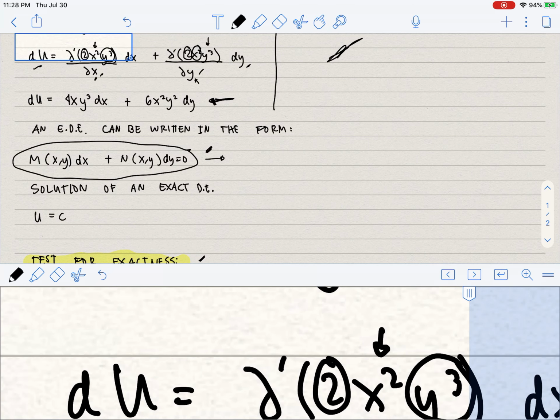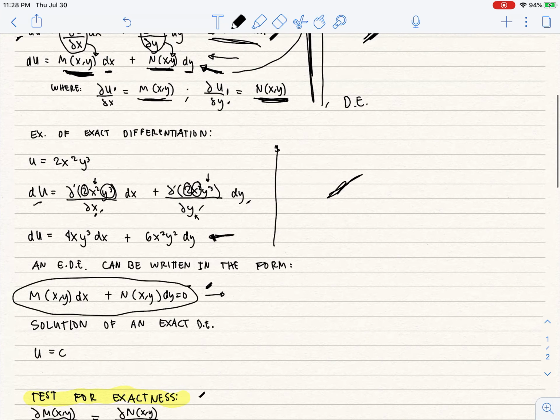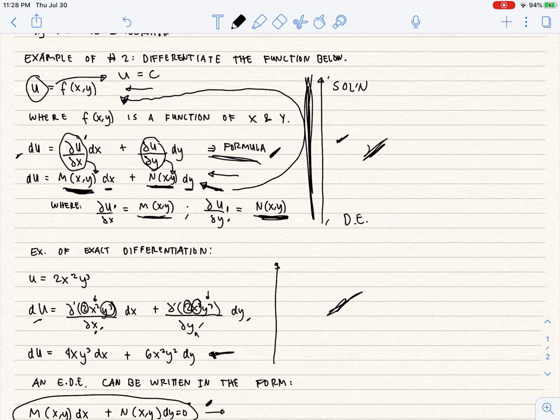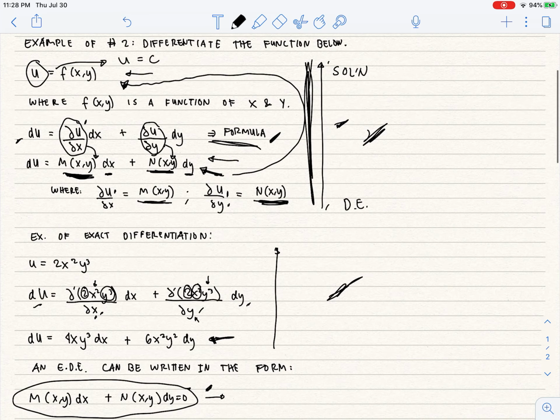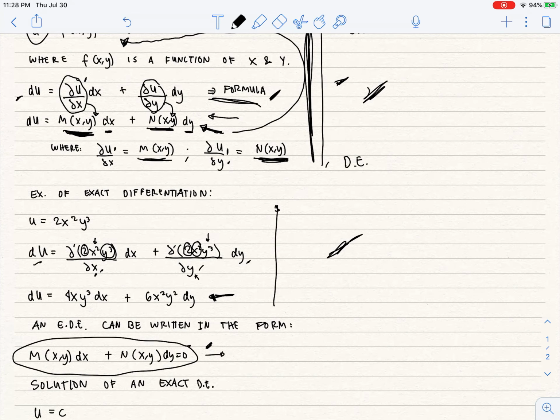using the reverse of this process. Okay, so the reverse of this process is we are going to find u, right? We will use this formula. We solve for u, first with respect to x, then second with respect to y.